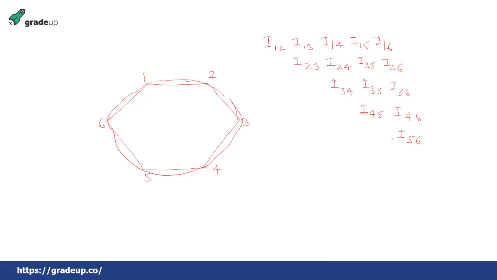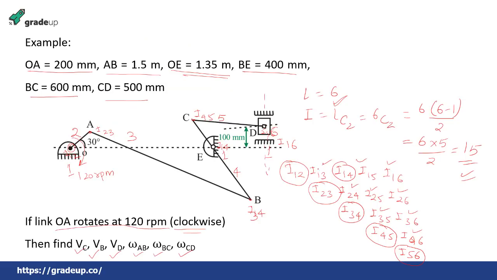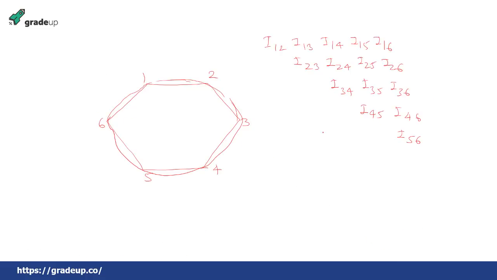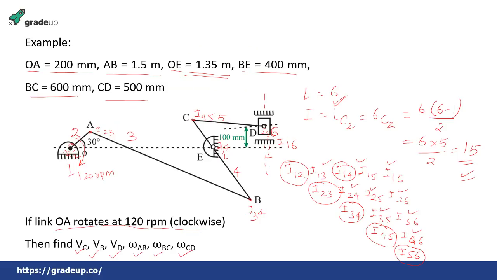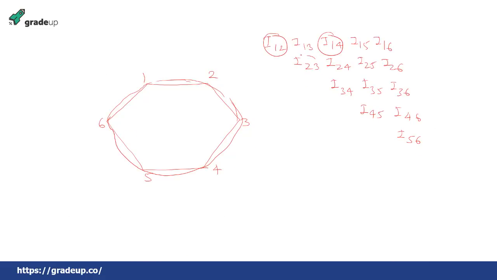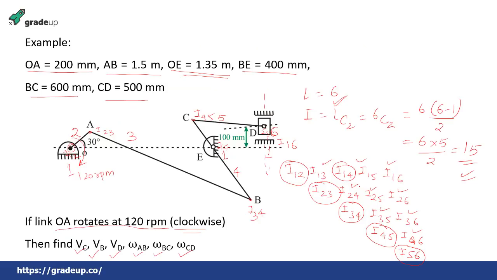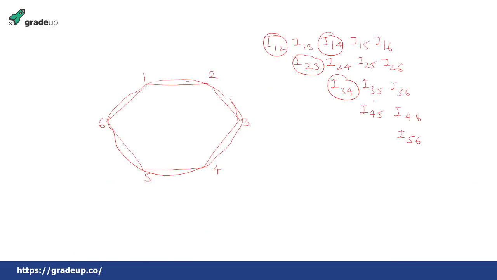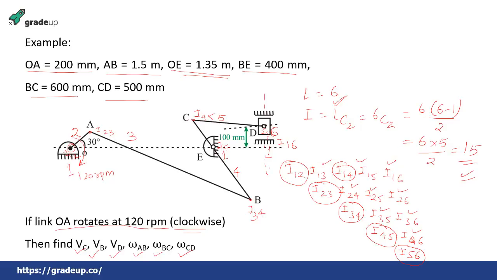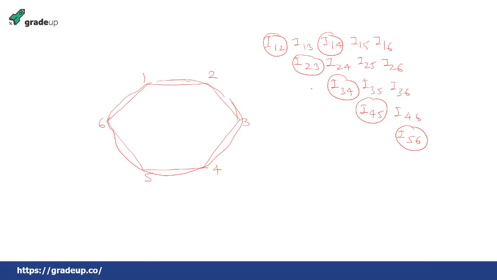And what all we have found, please note it down from the previous slide: I12 and I14 have been found out, I23 and I34 have been found out, I45 and I56. These many we have already found, and the rest we have to find out.